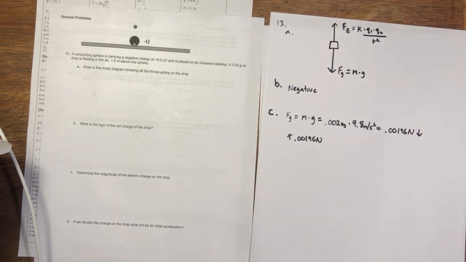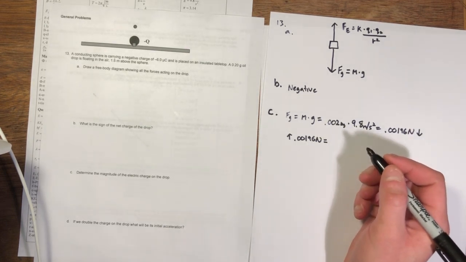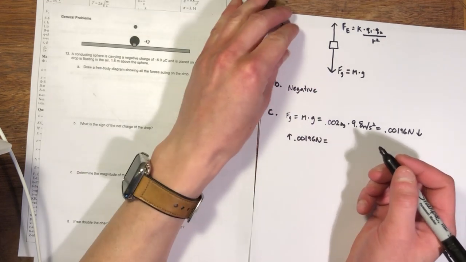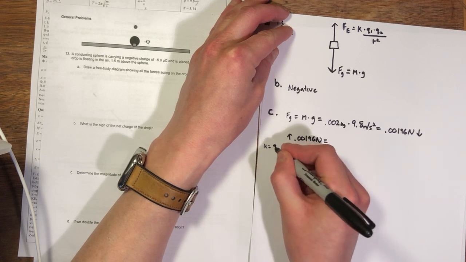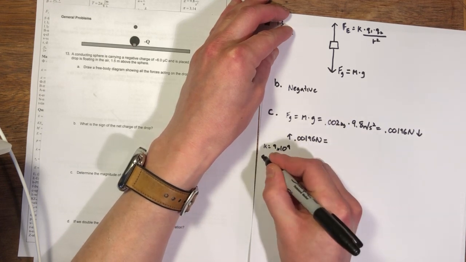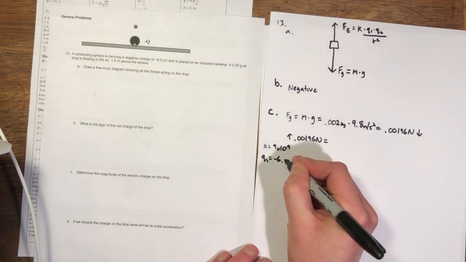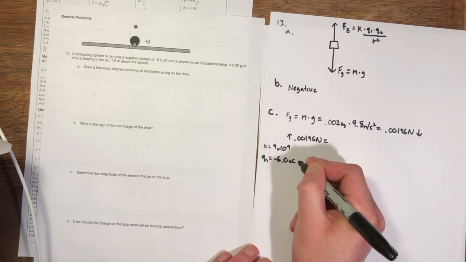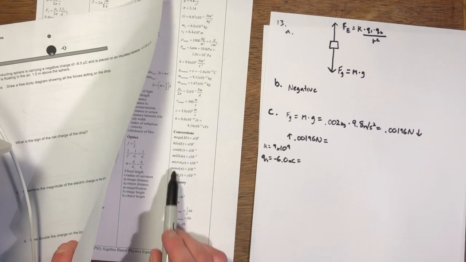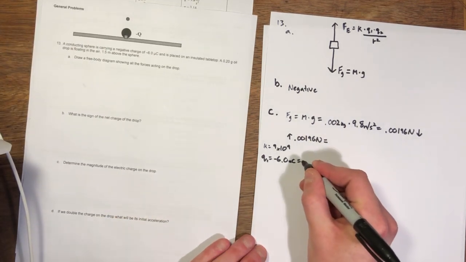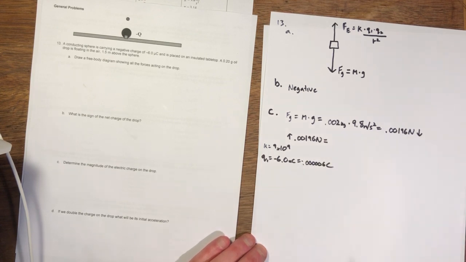We want to know what the charge of the drop is, right? What is the magnitude of the electric charge on the drop? Well, just use this equation. We know K. It's 9 times 10 to the 9th. We know one of our charges is negative 6 microcoulombs, which is the same as negative 0.000006 coulombs.